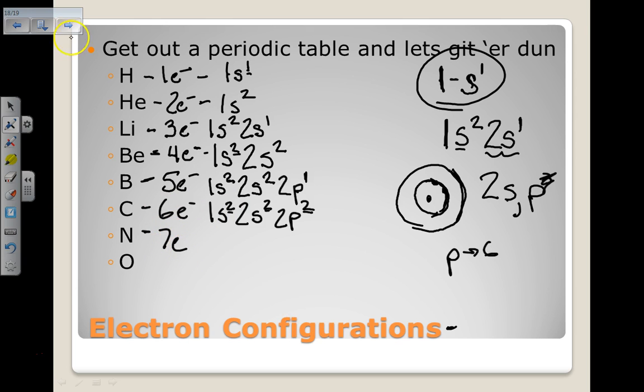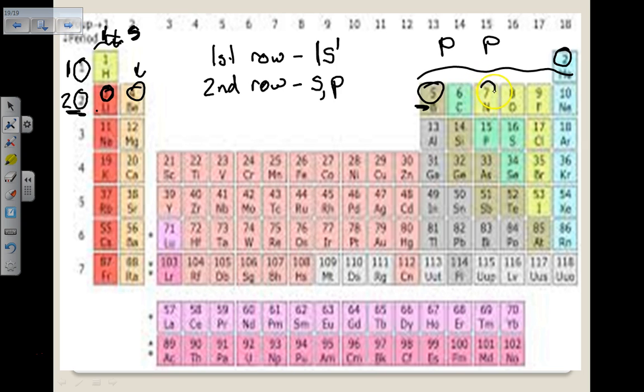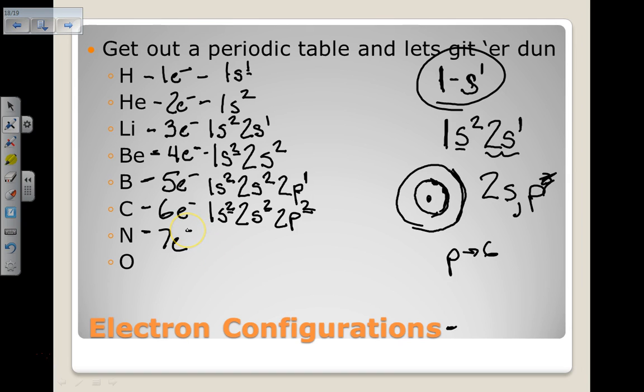Nitrogen, neutral nitrogen. Okay, just to reiterate, atomic number is 7. We're talking about a neutral atom, so that's 7 protons, so there must be 7 electrons. So what are we going to do with the 7 electrons? Well, again, we start with 1s2, 2s2, 2p. Now, again, how many electrons can the p's hold?